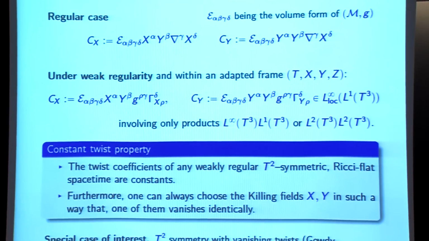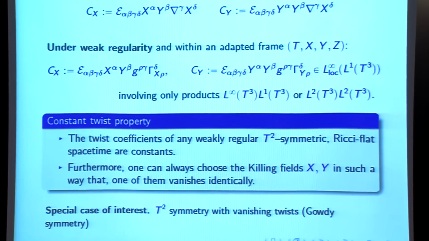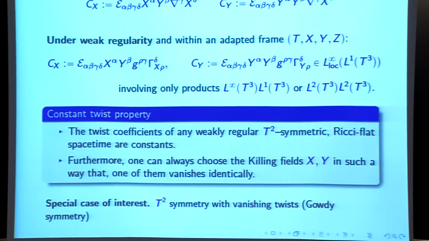And so this is a lemma that we want. The twist coefficients of any weakly regular T2 symmetric Ricci flat spacetime are constants. And moreover, we can always choose the Killing fields by taking some linear combination in such a way that one of them vanishes.